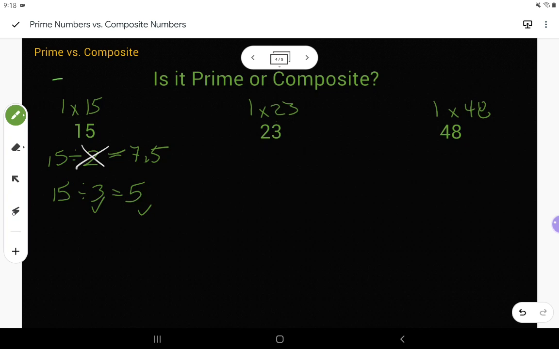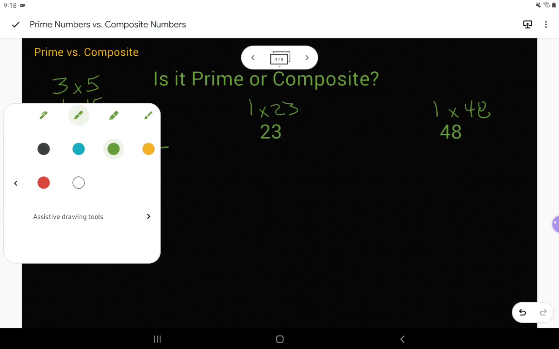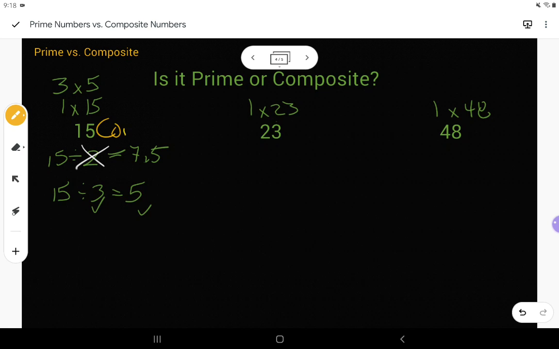Another way I could write 15 is as 3 times 5. And because there's another way I can get 15 aside from just 1 times 15, that means that 15 is composite. That's all I have to do. Now, do I have to find all the other ones? No. I just wanted to show that it was composite or prime.